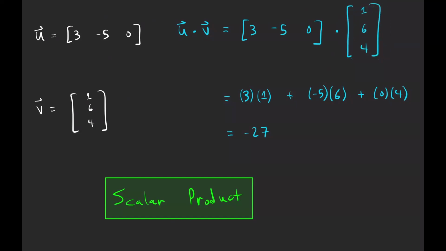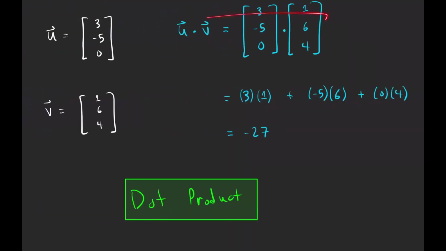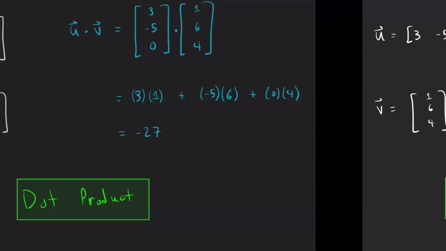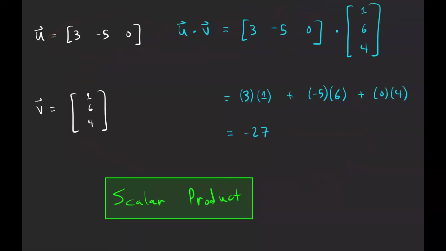Honestly, most of the time, if you have a row vector and a column vector, a lot of times people just say, oh yeah, the dot product, and they will actually show their work changing this row vector to a column vector. They will just write this page right here, even though it was a row vector, not a column vector. It's honestly, these are pretty much the same thing.